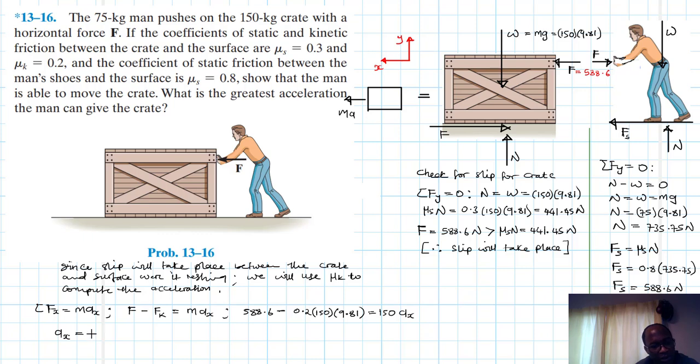So this we just get 1.962, and therefore our ax greatest is just going to be equal to 1.96 meters per second squared.